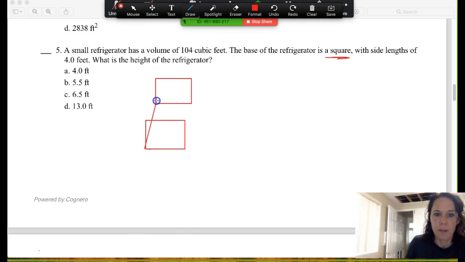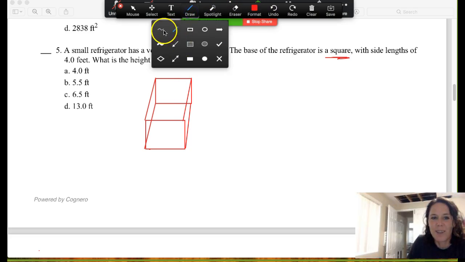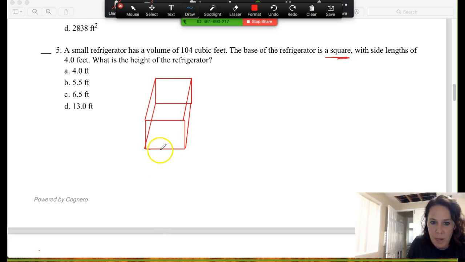It's okay. All right, here's the refrigerator, and its height, I know that doesn't look square, but okay, so its base, if you look at its base, it's going to be 4 feet by, oh, it is lying on its side now, 4 feet by 4 feet. And then its height, the height laying on its side.